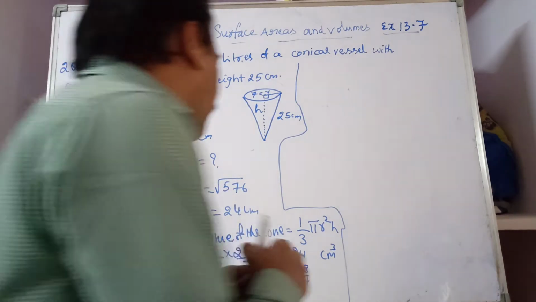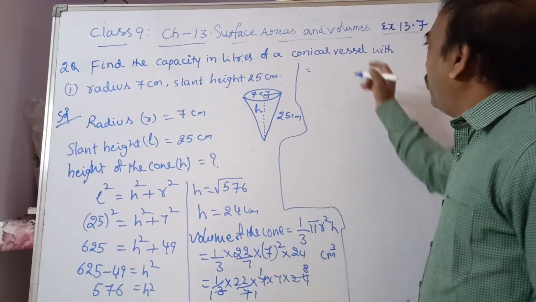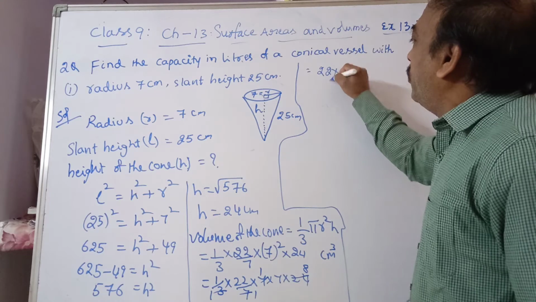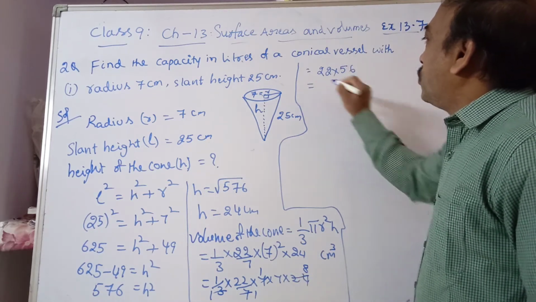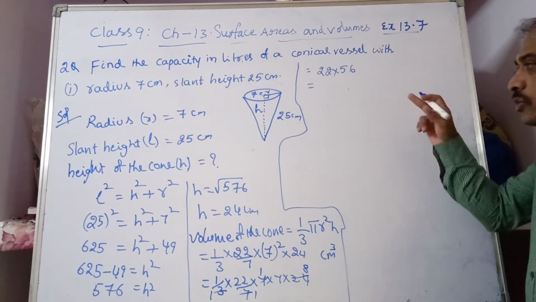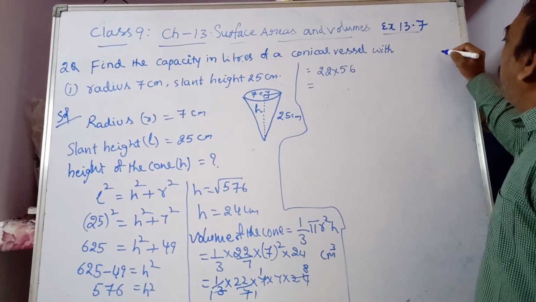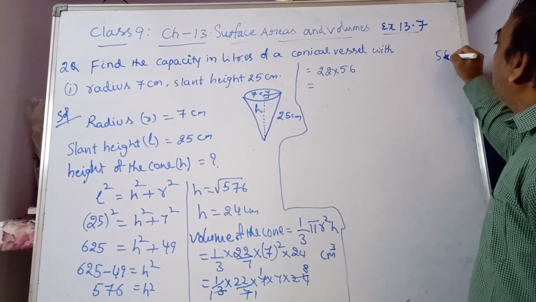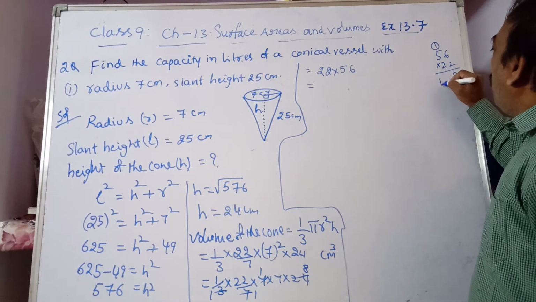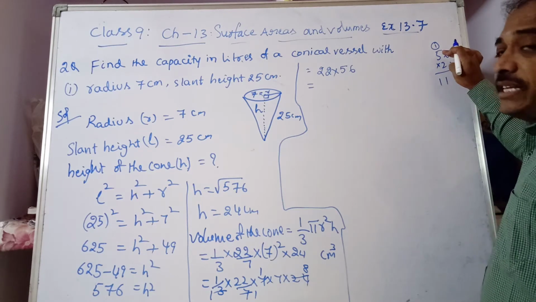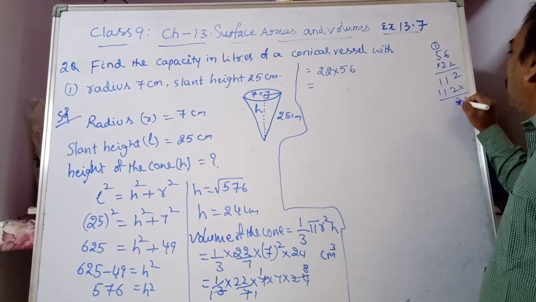Now we have 22 into 1, 22 into 7 into 8, which is nothing but 56. So 22 into 56. Here I am doing 56 into 22. 2 6s are 12. 2 5s are 10, plus 1 is 11. Next also the same, 1 1, so 2 3 2.